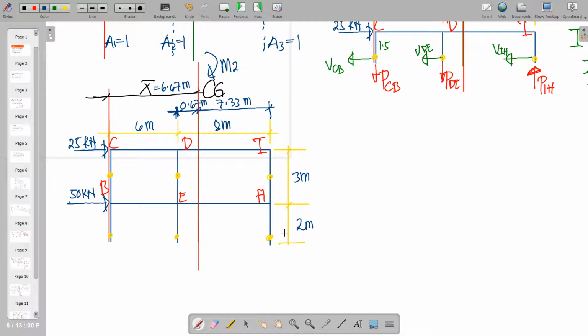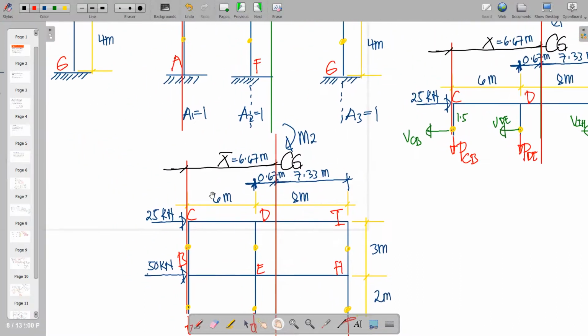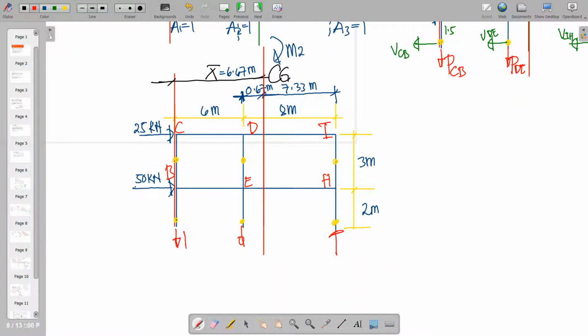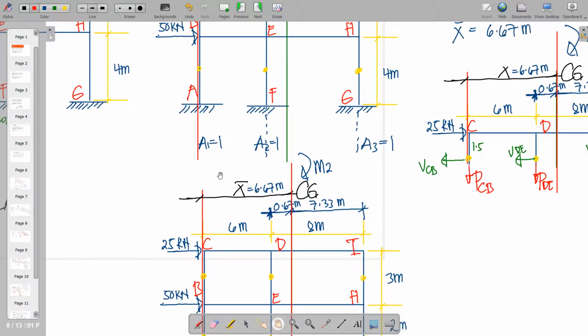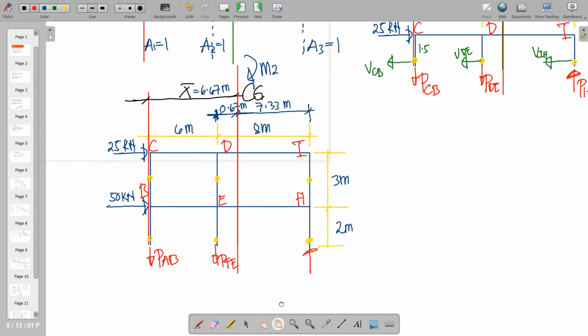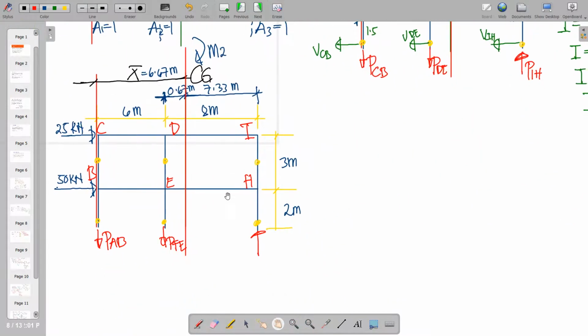Then from M2, okay, both are going down, this is going up. We have PAB, PFE, and then we have PGH.